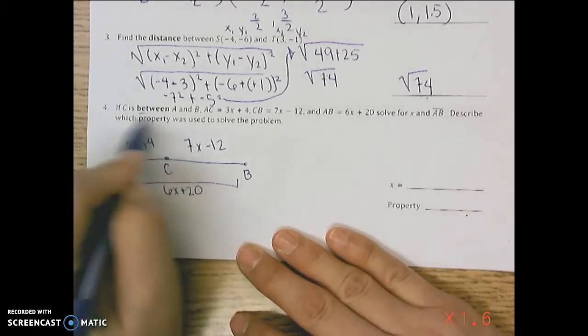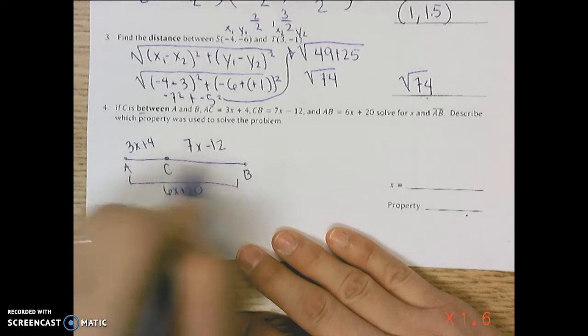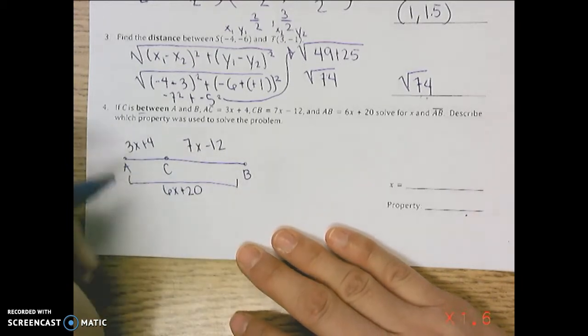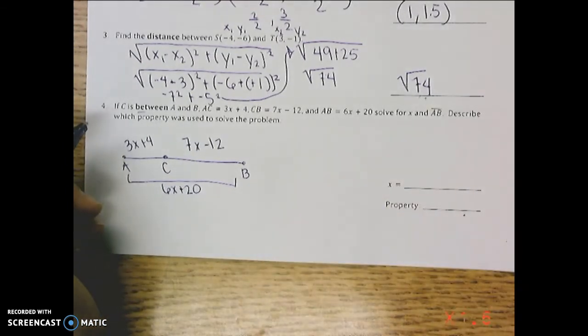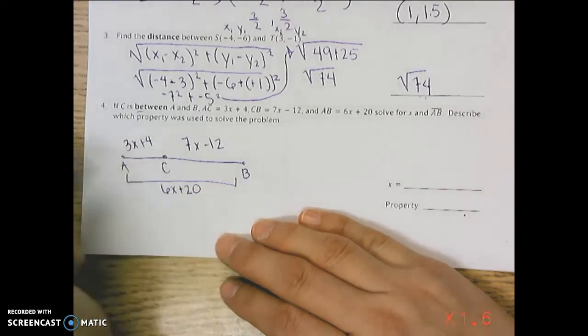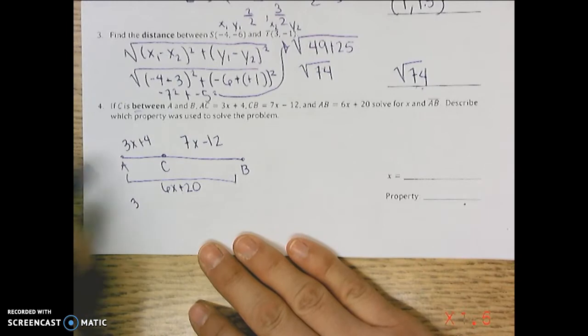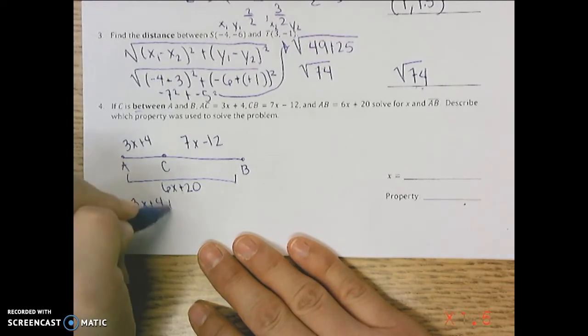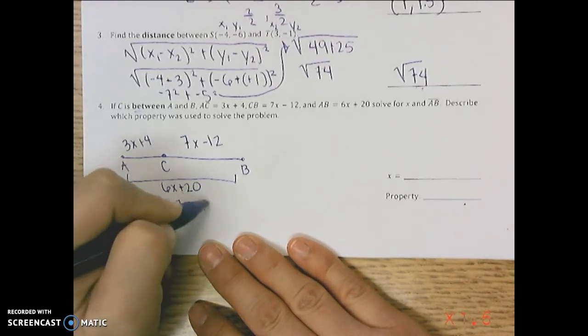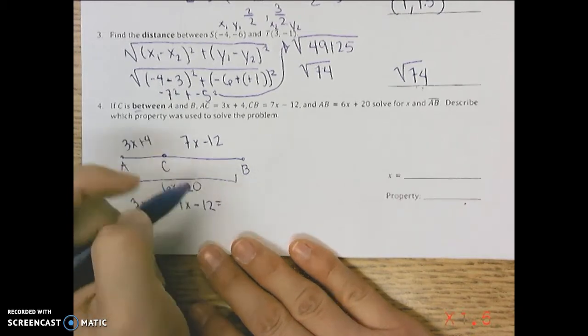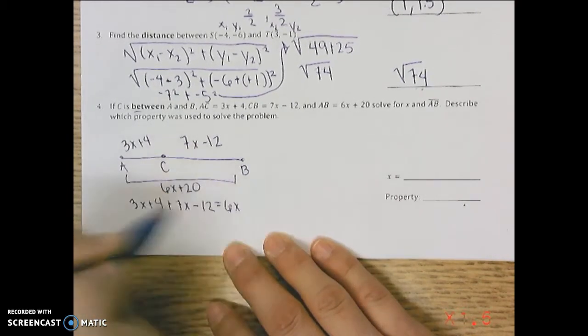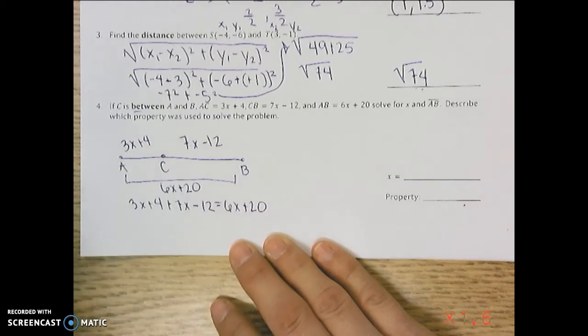Since these two segments, AC and CB, make up the whole segment, I'm going to add them together and set it equal to the whole segment. So I will take 3x plus 4 and add it to 7x minus 12 and set it equal to 6x plus 20.